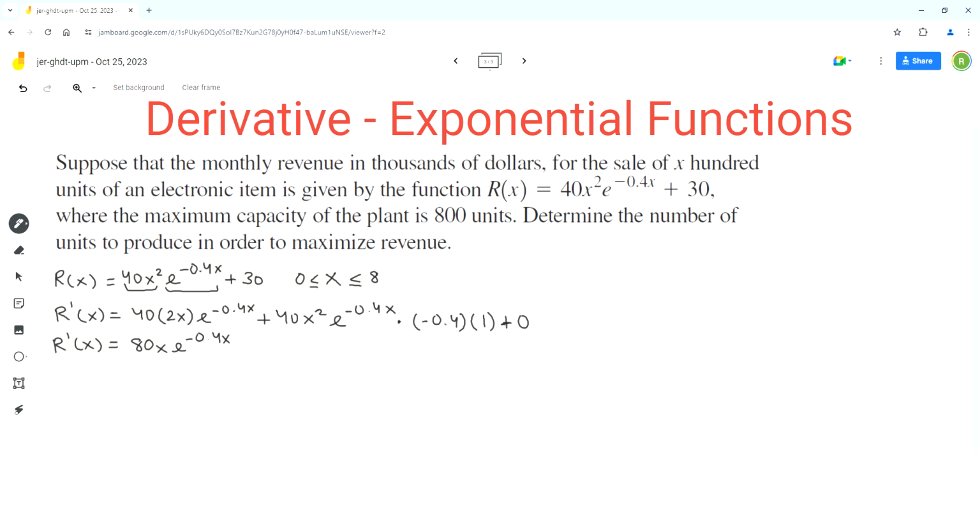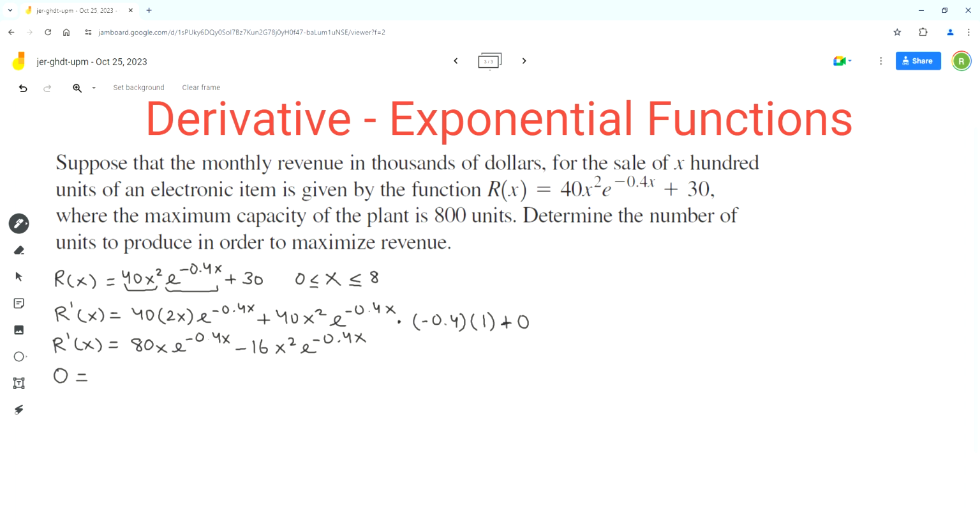So I got 16, so it will become negative 16x^2 times the e^(-0.4x), and the plus 0 goes away. Now we can set this derivative equal to 0 because we have to find the x values at which the tangent is horizontal.